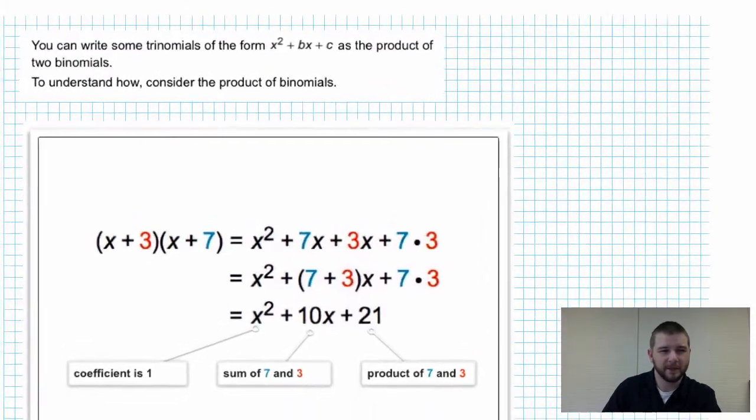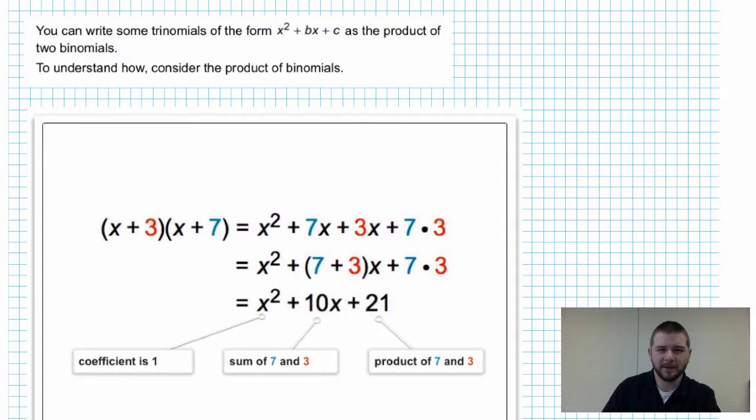So as mentioned earlier in the section, you can write some trinomials of the form x squared plus bx plus c as the product of two binomials. To understand how, consider the product of binomials. Note the color coding in this problem so we can track the places where the 3 and the 7, our two constants in our binomials, end up in the polynomial at the right.